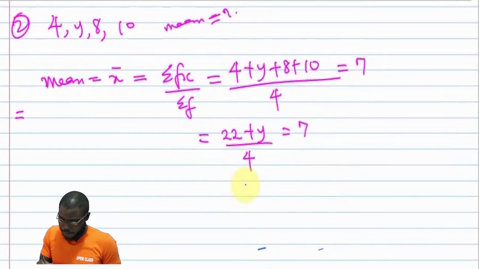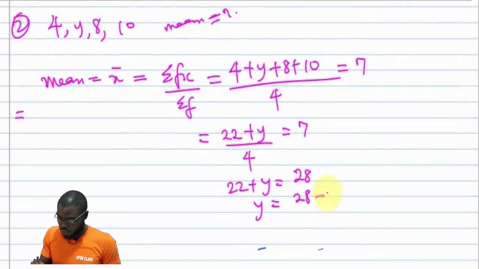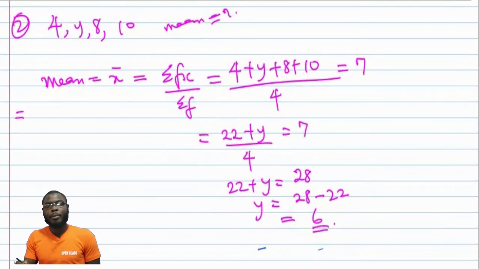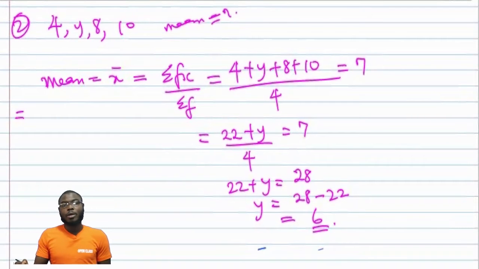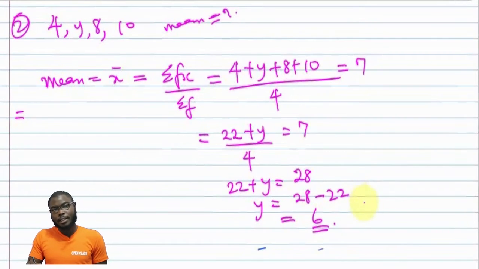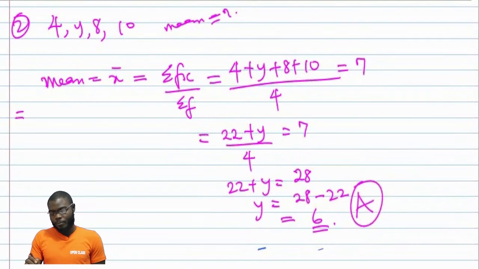So what we're doing there is, you have your 22 plus y to be equal to 4 times 7, 28. So your y is equal to 28 minus 22. So your y equals what? 6. Okay. Now, if you look at the options, option A says 6, B says 10, C says 7, and D says 9. So your answer is A. All right.